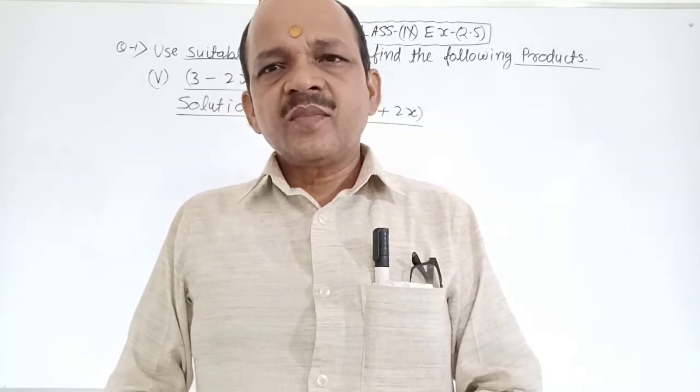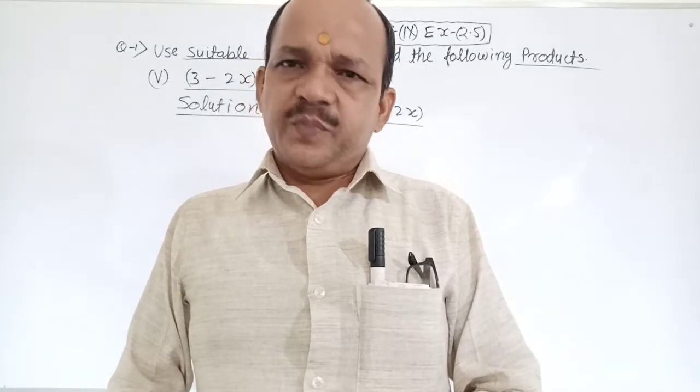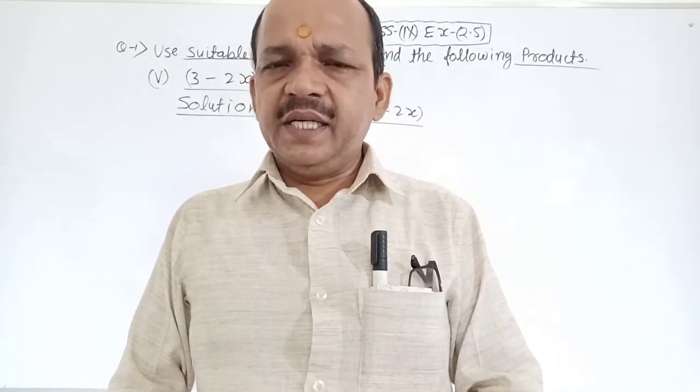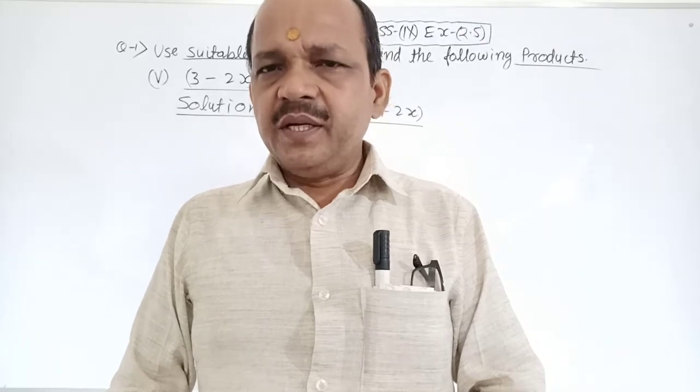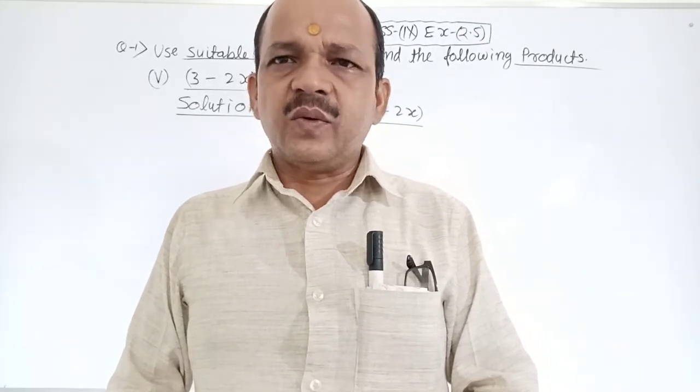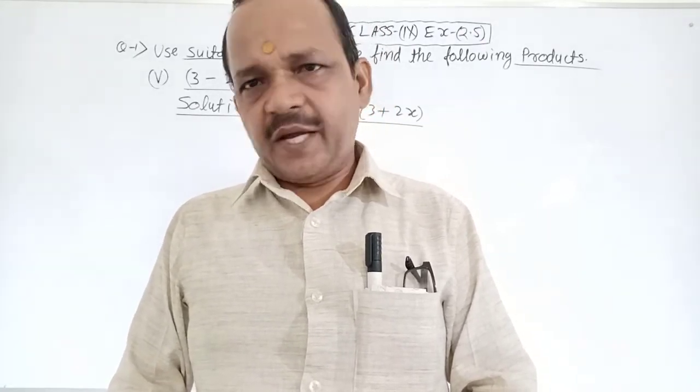Next, a cube minus b cube equals (a minus b)(a square plus b square plus ab).